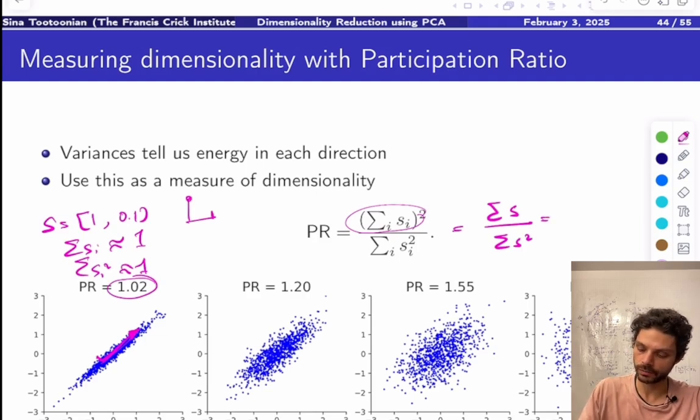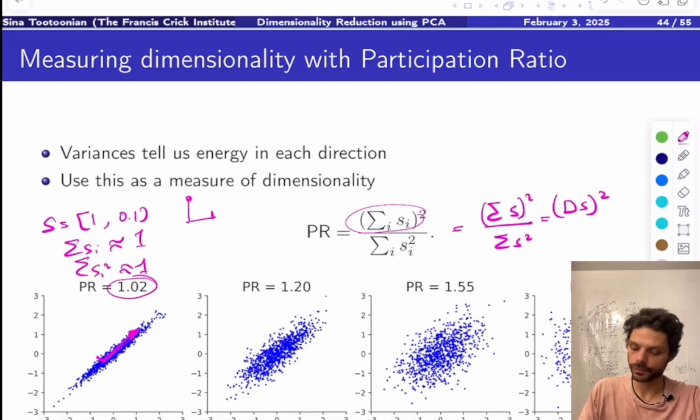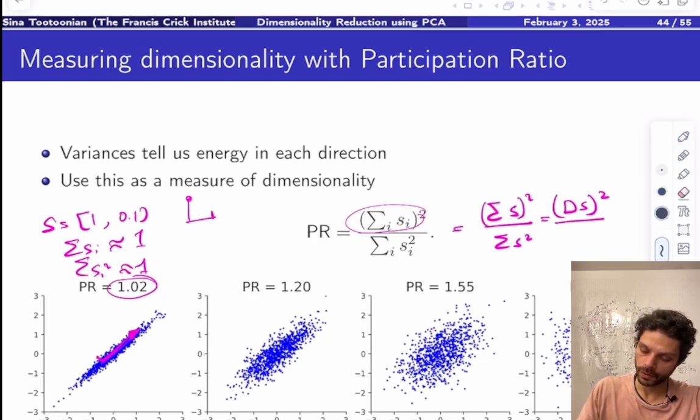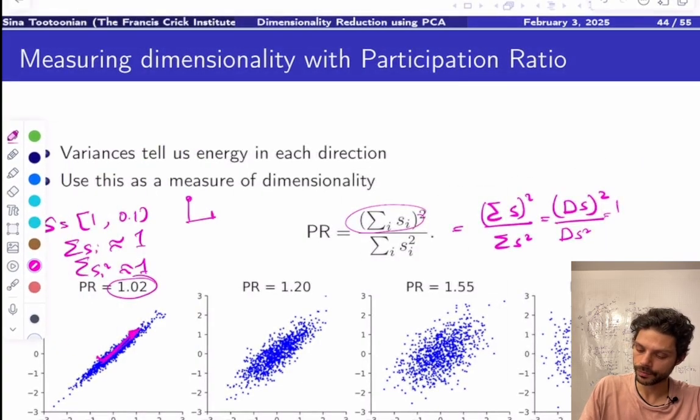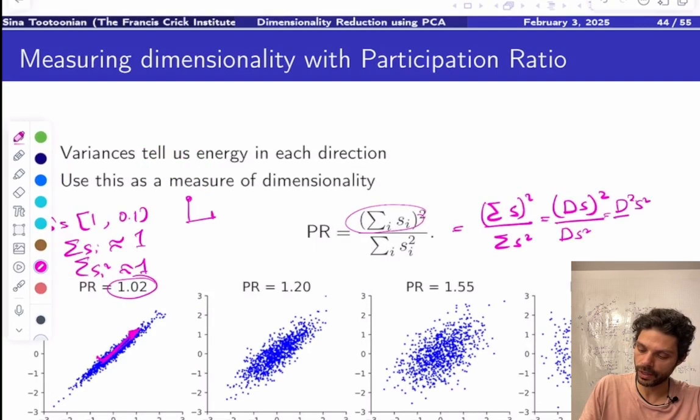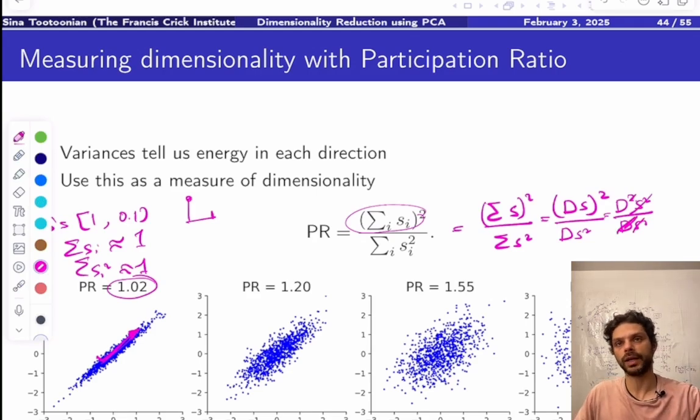This would be d squared S squared over d S squared. These cancel out, and you get d. You get the dimensionality of your data.